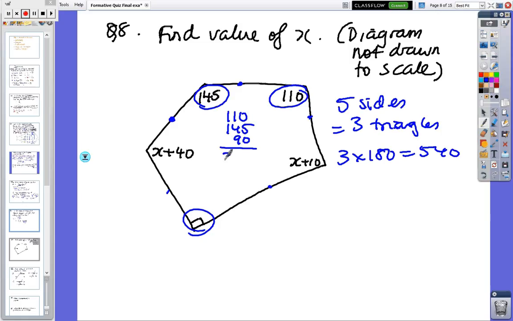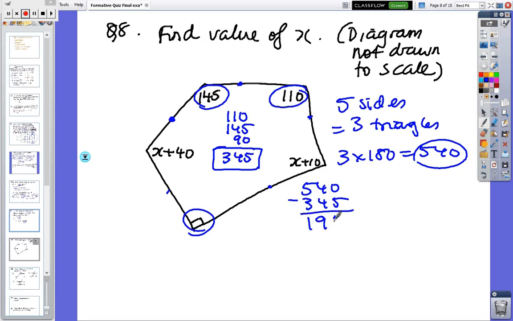So I've got 200, I've got 345 degrees so far. So the difference, so 540 minus 345. Again, I haven't got my calculator. I think that's 195. Okay, so now that number plus that number equals 195, the missing angle.